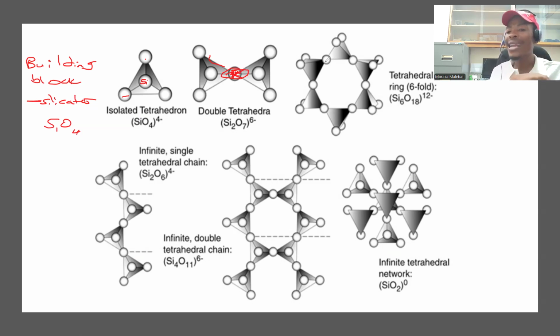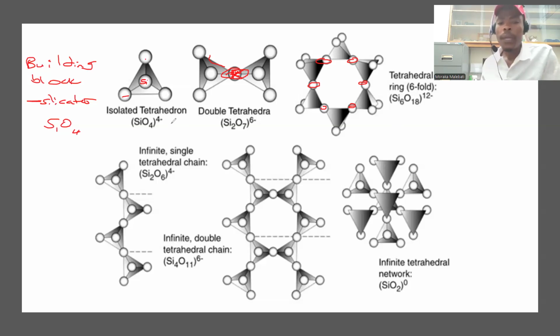But now for a ring, or cyclic silicates, we take this double tetrahedra and join them in a ring shape, and they form a circular pattern. So basically, that's what you do.